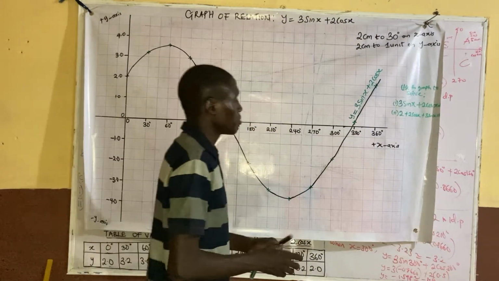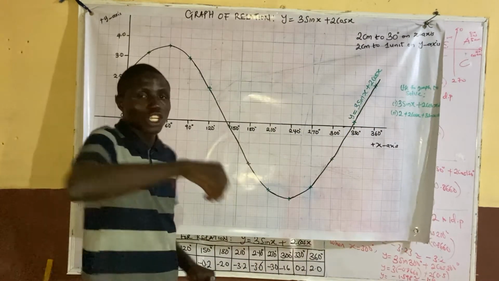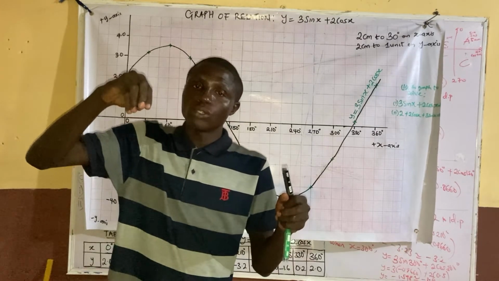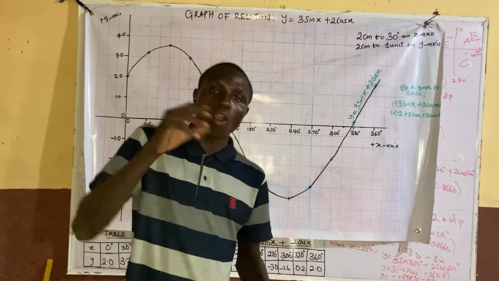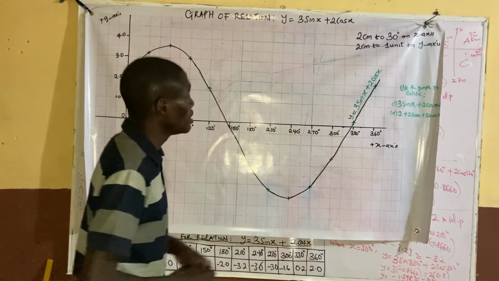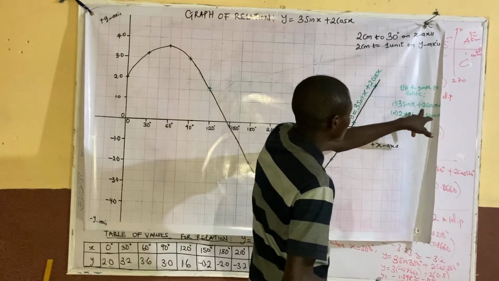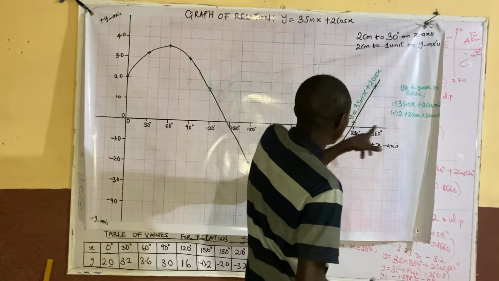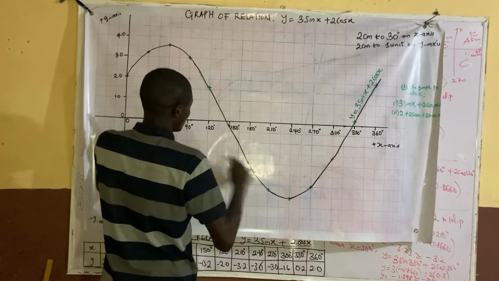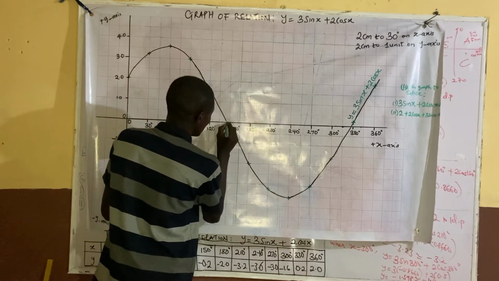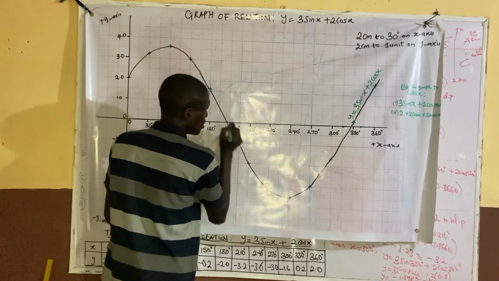It means that where this sinusoidal curve touches the 0 line of y, that is where the solution of the relation lies. So the solution for 3 sin x plus 2 cos x equal to 0 lies on this point where it touches, this point here, this point, and this point.